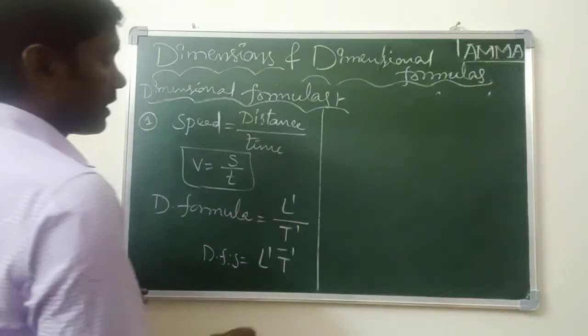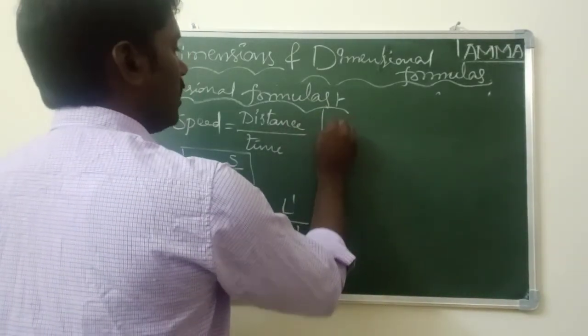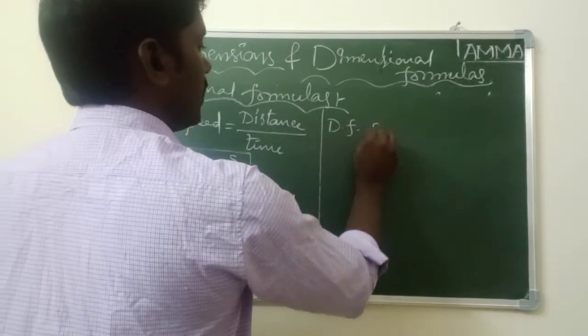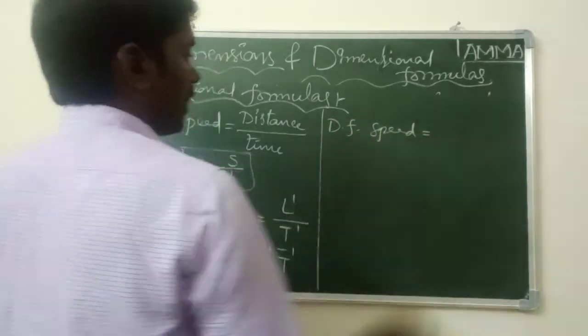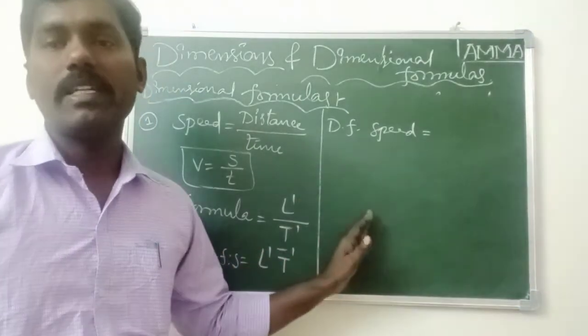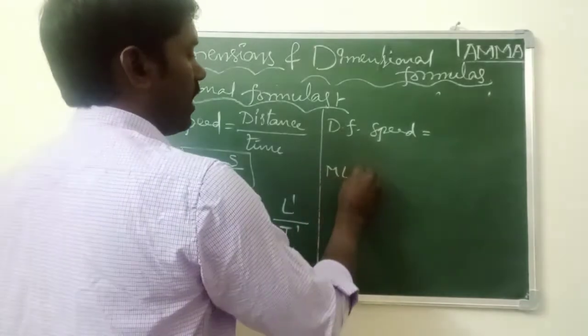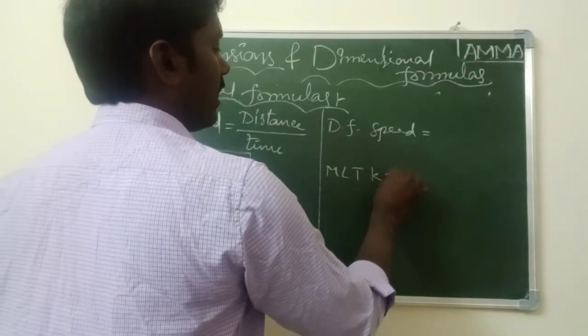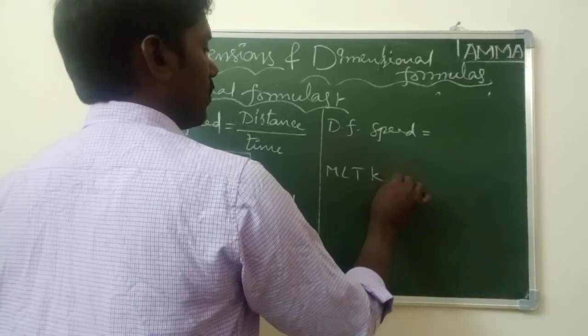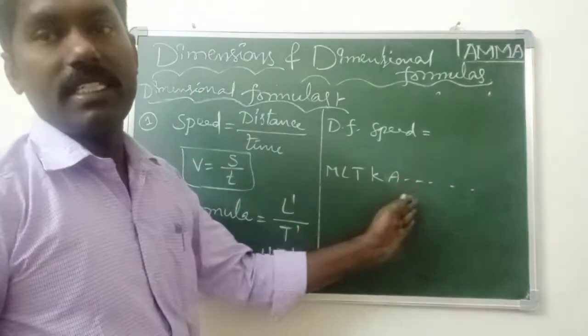We can also represent the dimensional formula of speed in one more way. Generally, dimensional formulas are represented in terms of the fundamental physical quantities only. What are those? M, L, T, K, I or A, candela (cd) and mole.